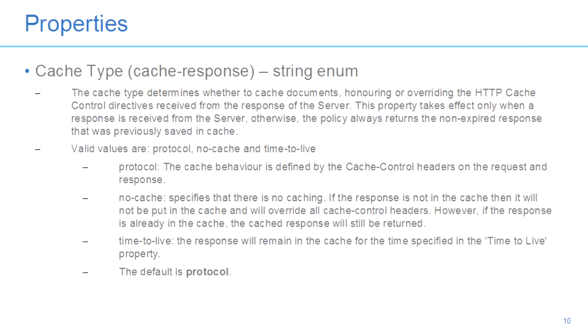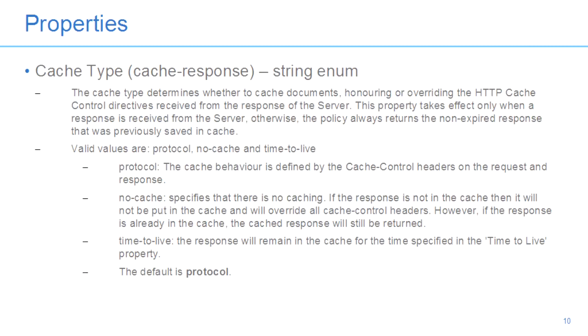So we have three properties. The first of them is cache type, which defines how you want the caching to be performed. There are three options for this. One is protocol, which basically says use the actual caching behavior that's defined within the headers on the request and the response for that invoke or that proxy.